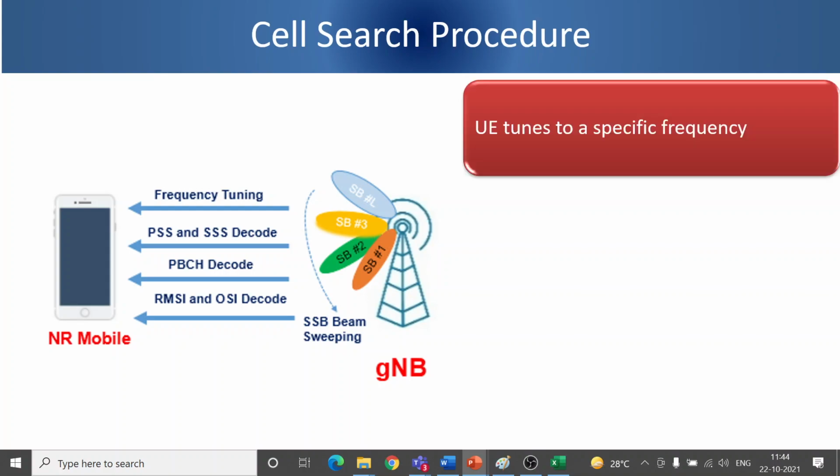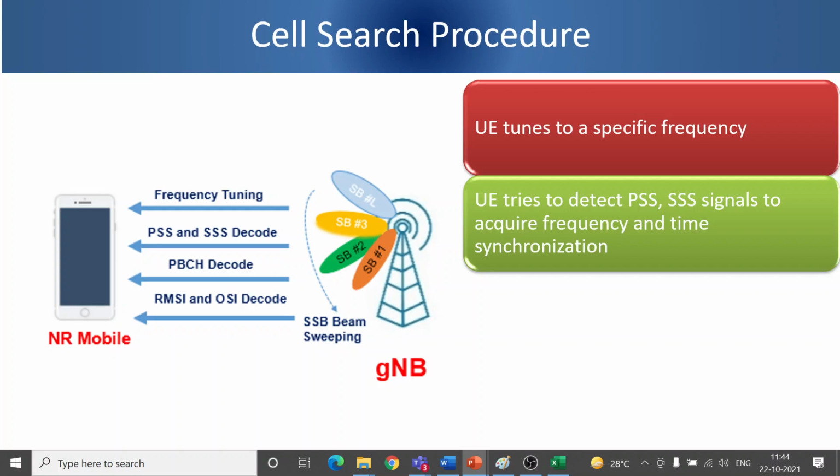So that is your frequency tuning. Your user equipment tunes to a specific frequency, and then on that particular frequency you have the synchronization signal. They call it the primary synchronization signal and the secondary synchronization signal, and we'll talk about what it is.